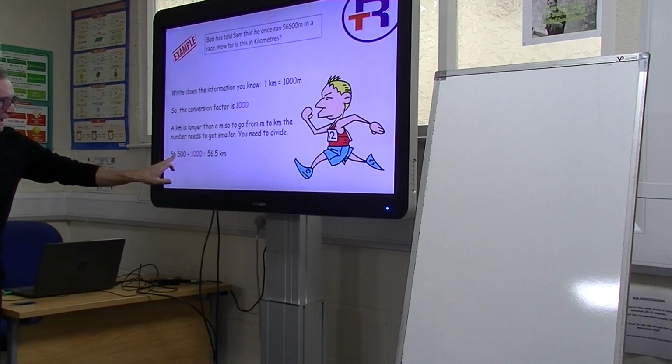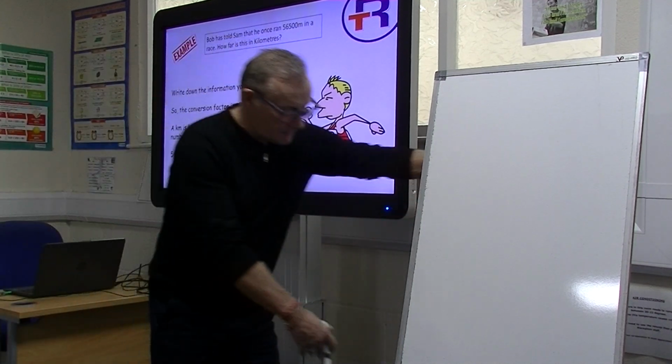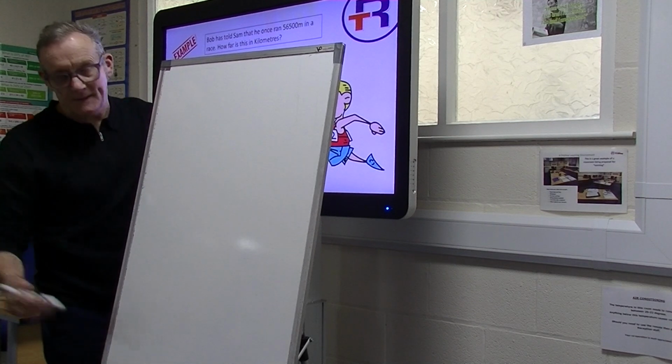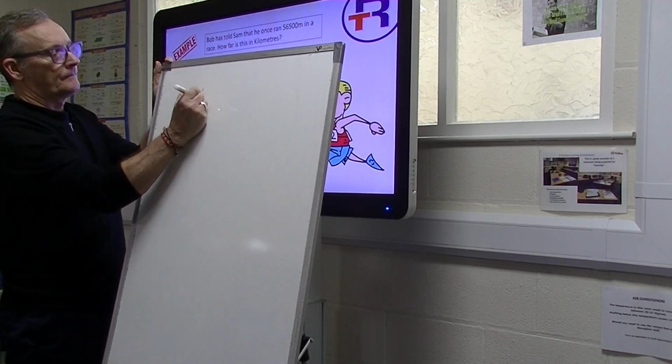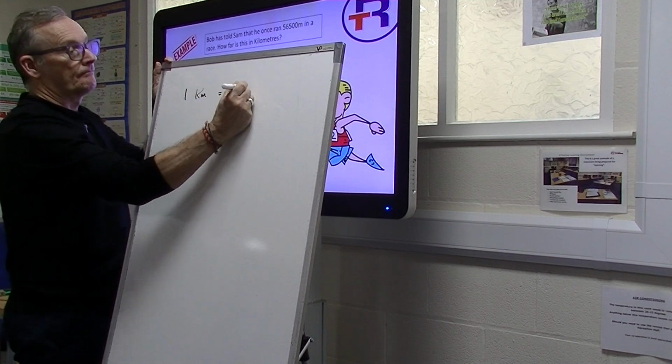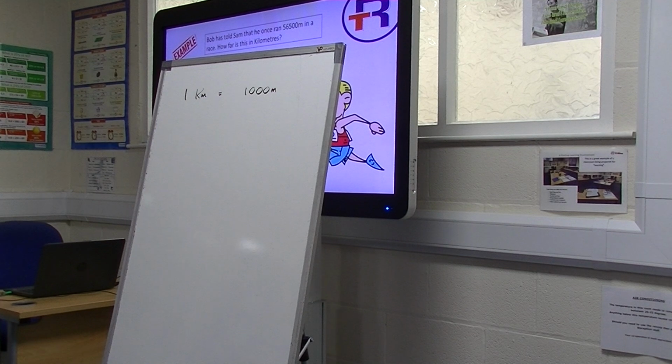If we'd multiplied that number by 1,000, it would have been massive. How do I recognise that? This is how I do all those conversions. I simply make it simple. One kilometre is 1,000 metres.